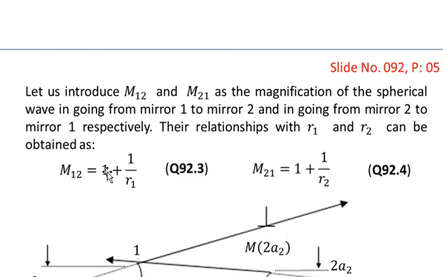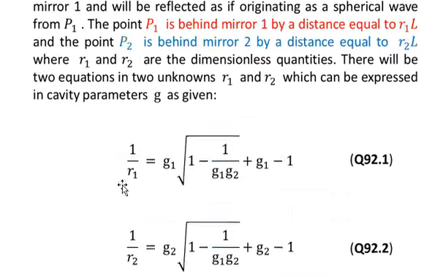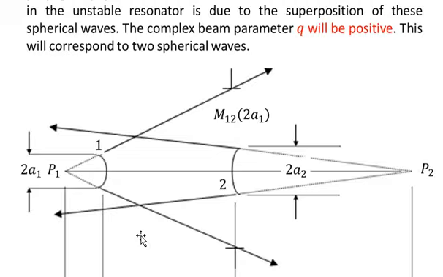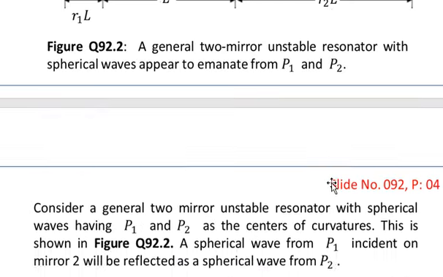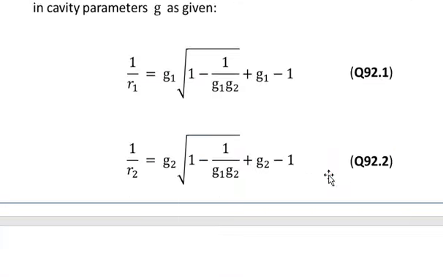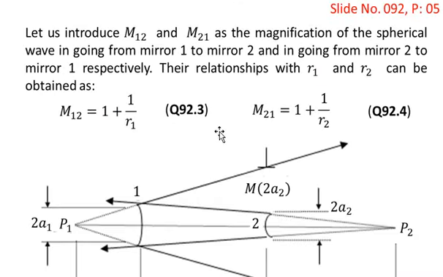So if you want to find the magnification, M12 is R1L plus L divided by R1L, and for the magnification M21, you have L plus R2L divided by R2L. These will give you the magnifications which I have shown in equations number 3 and 4.